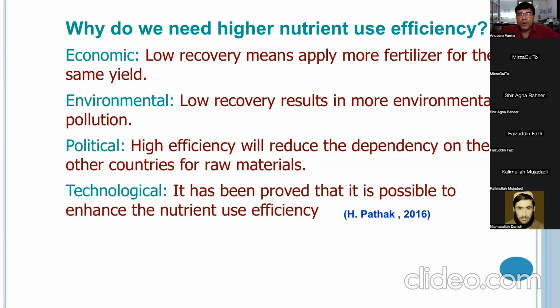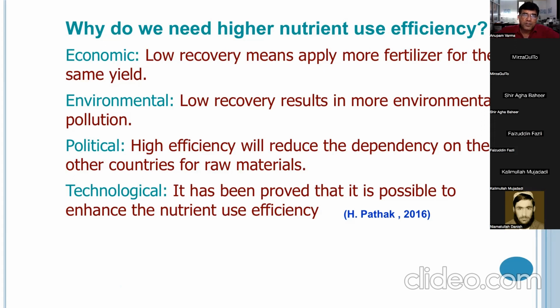If your recovery of the nutrient is low, that means you need to add more fertilizer. So higher nutrient use efficiency will save the farmer's money. Second is the environmental reason. Low recovery efficiency means the remaining portion of the nutrients is lost, and that can cause environmental pollution.